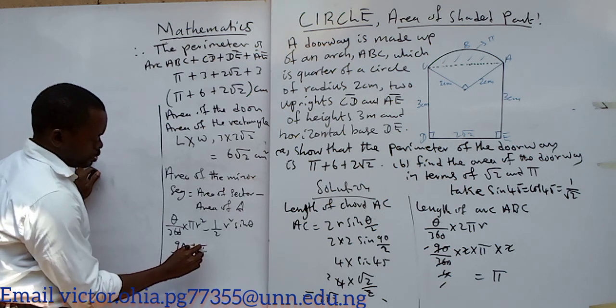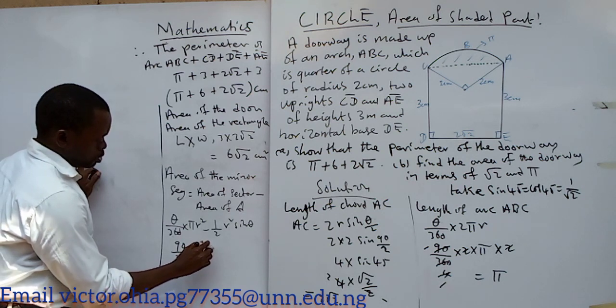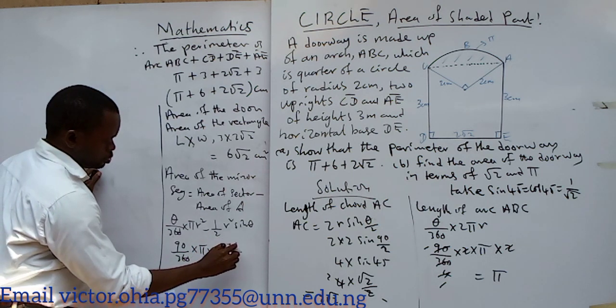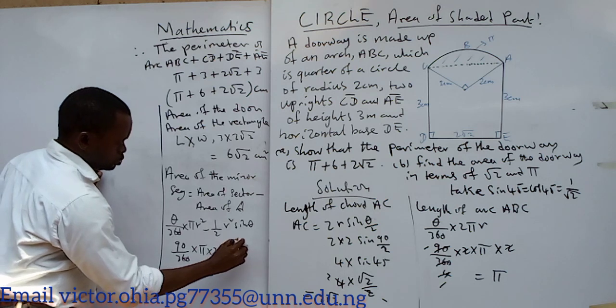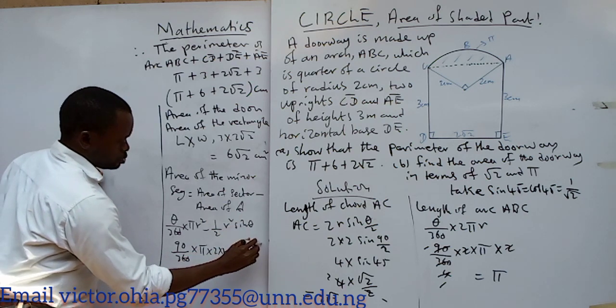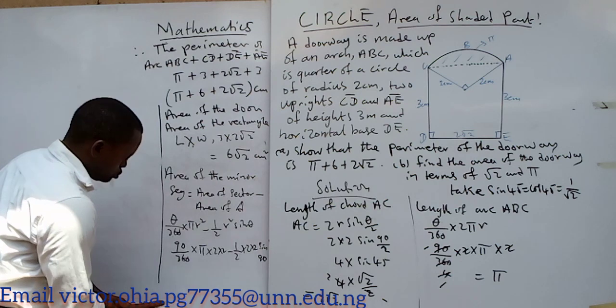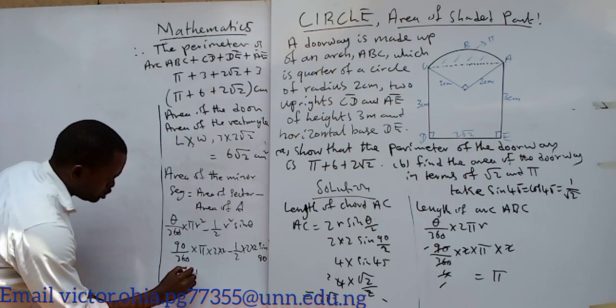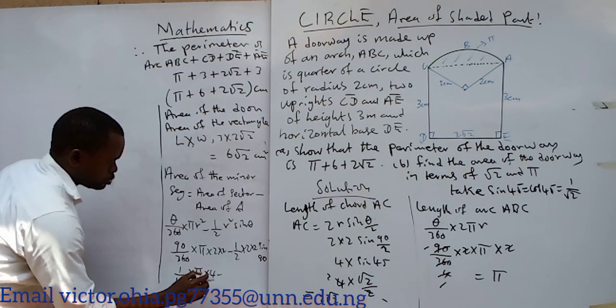So this will be pi times 2 times 2 here minus 1 over 2 times 2 times 2 again, then sine 90. Okay, sine 90. And of course, this is 1 over 4 times pi, then times 4 minus.